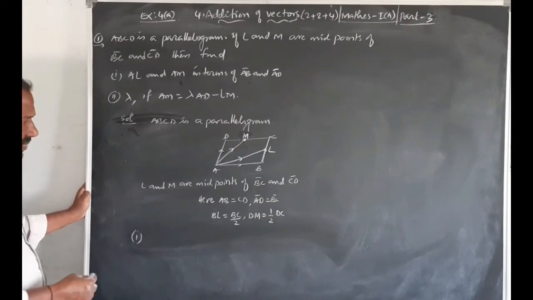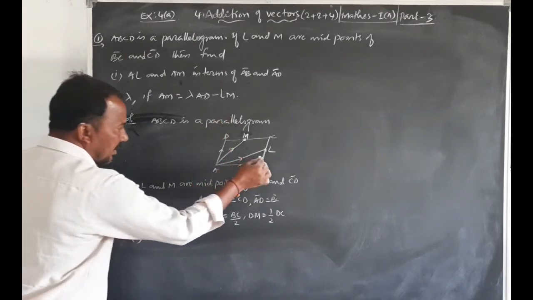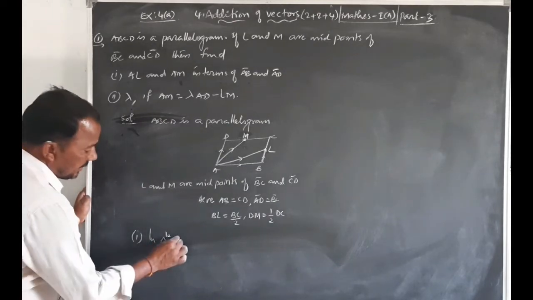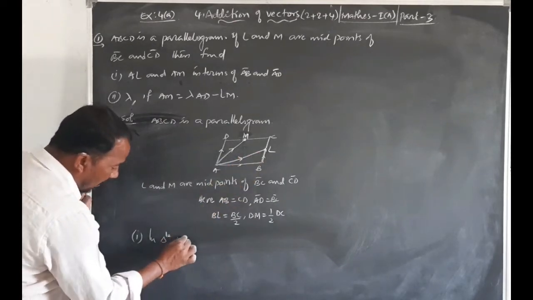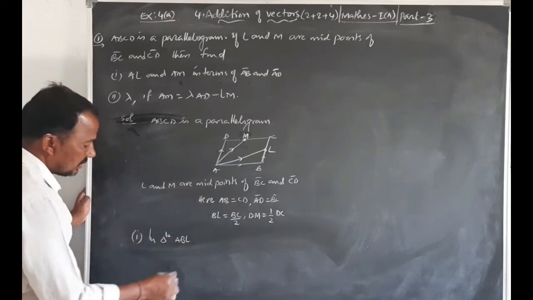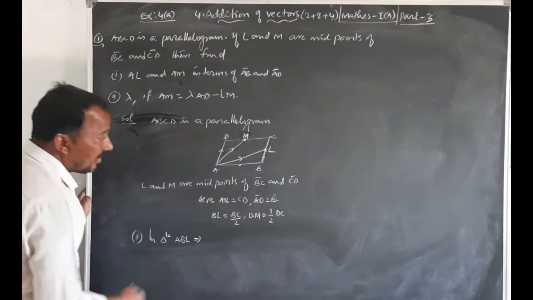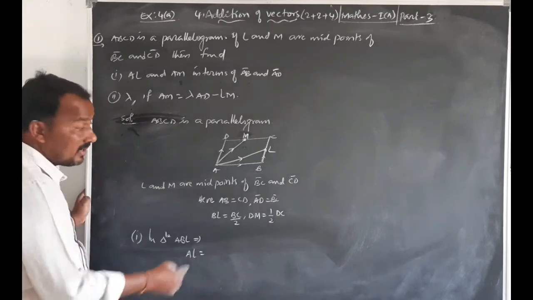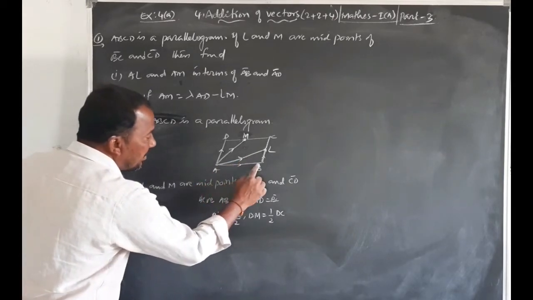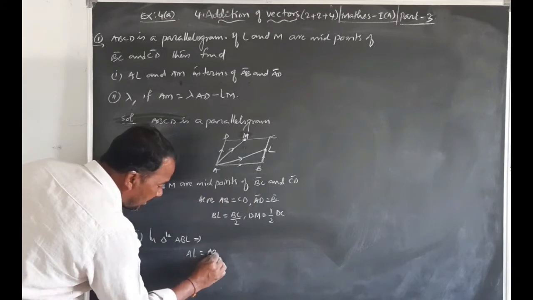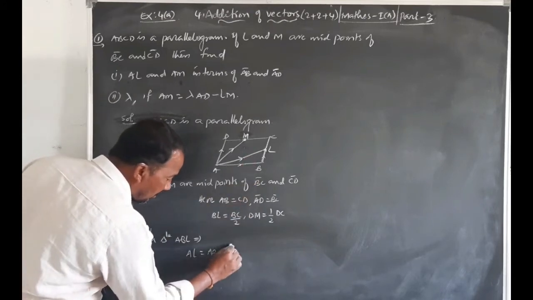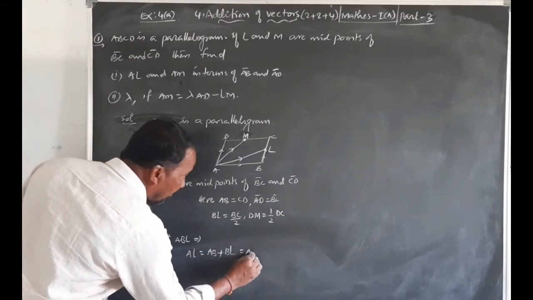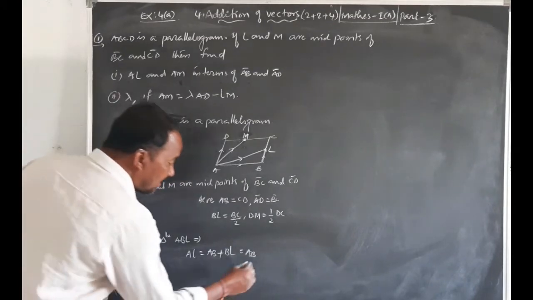First question is to find the value of AL. In triangle ABL, AL equals AB plus BL.